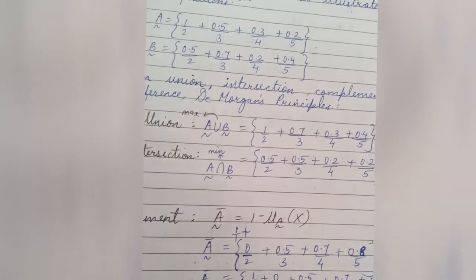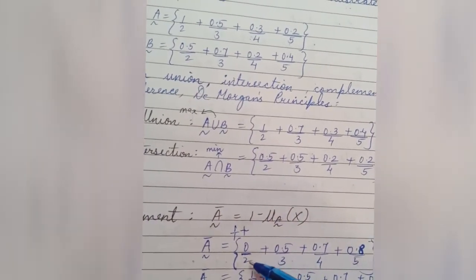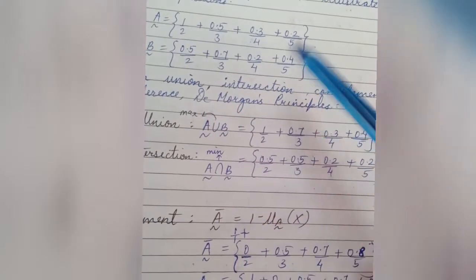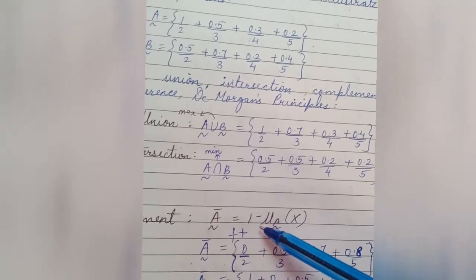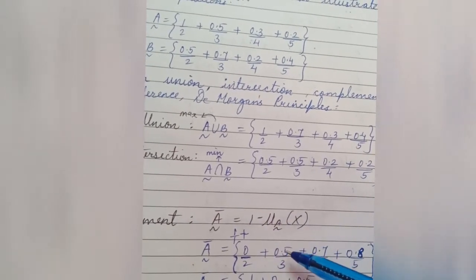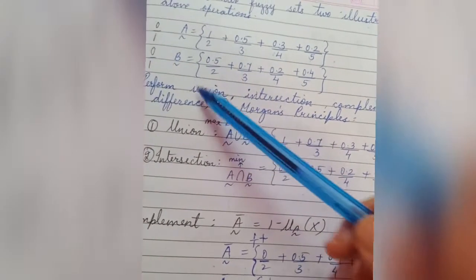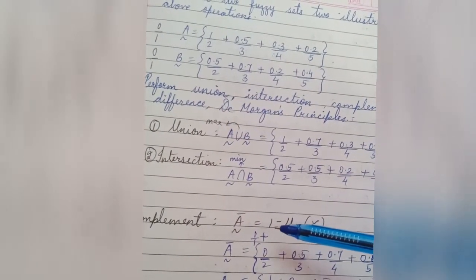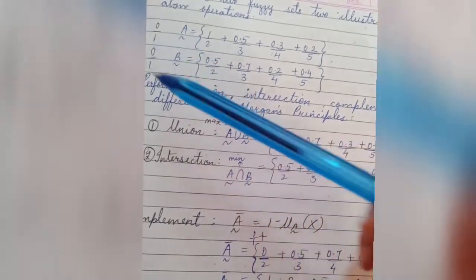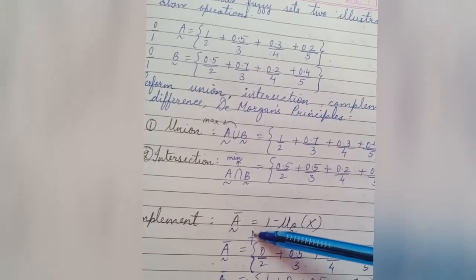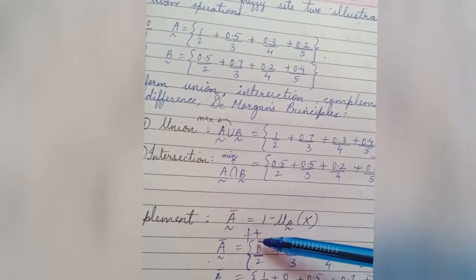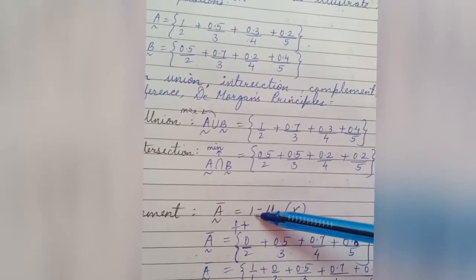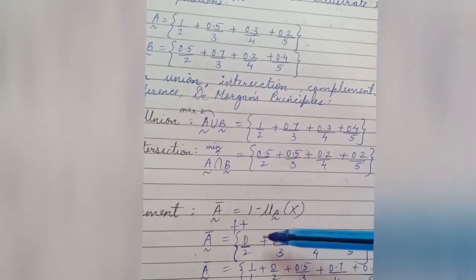Let's start and find A complement. So consider set A and use 1 minus mu A of x. For the first element, we have considered the first element as 0. 1 minus 0 will give 1. So that will be 1 upon 1, plus for the second element 1 minus 1, 0.